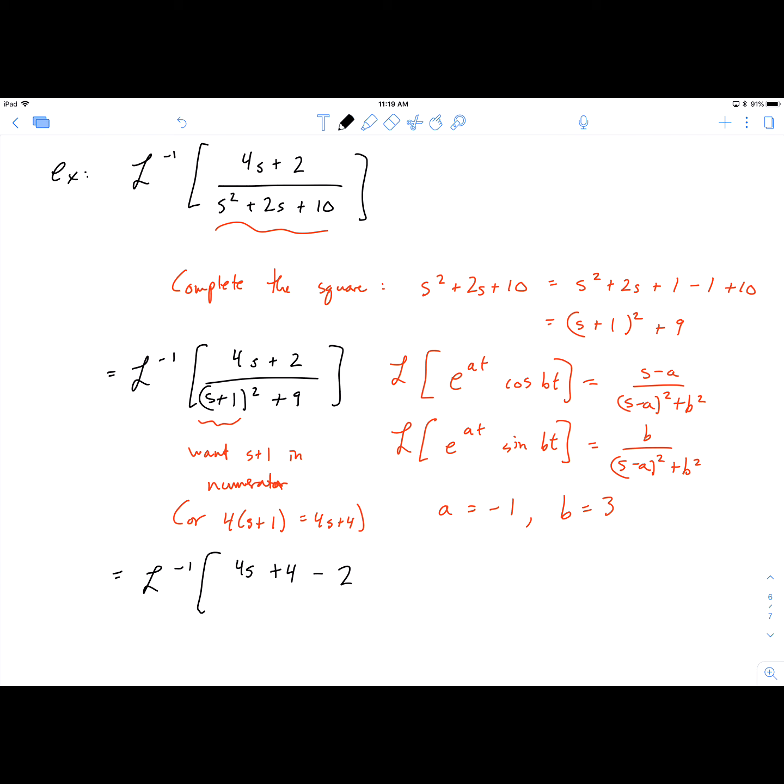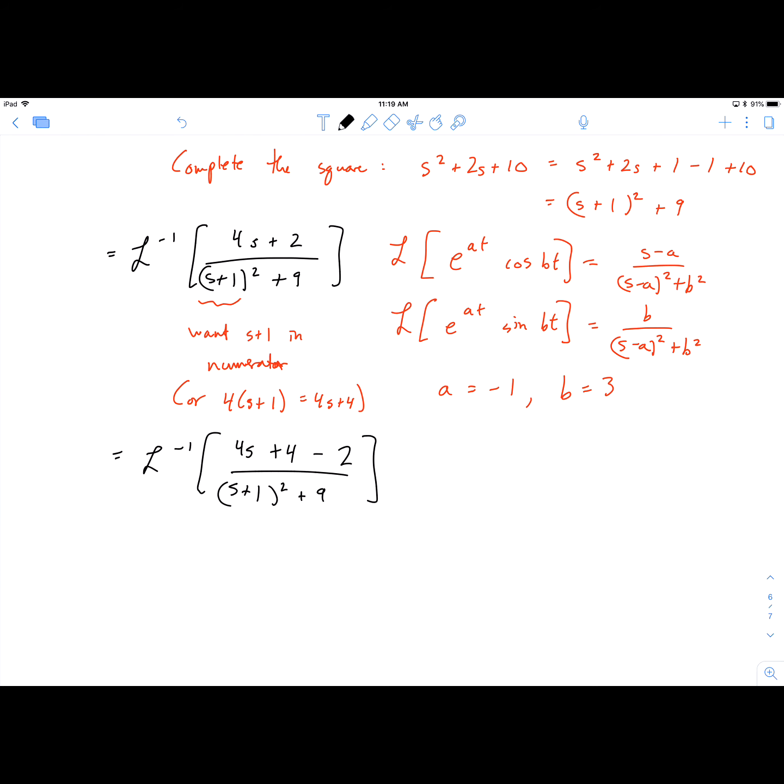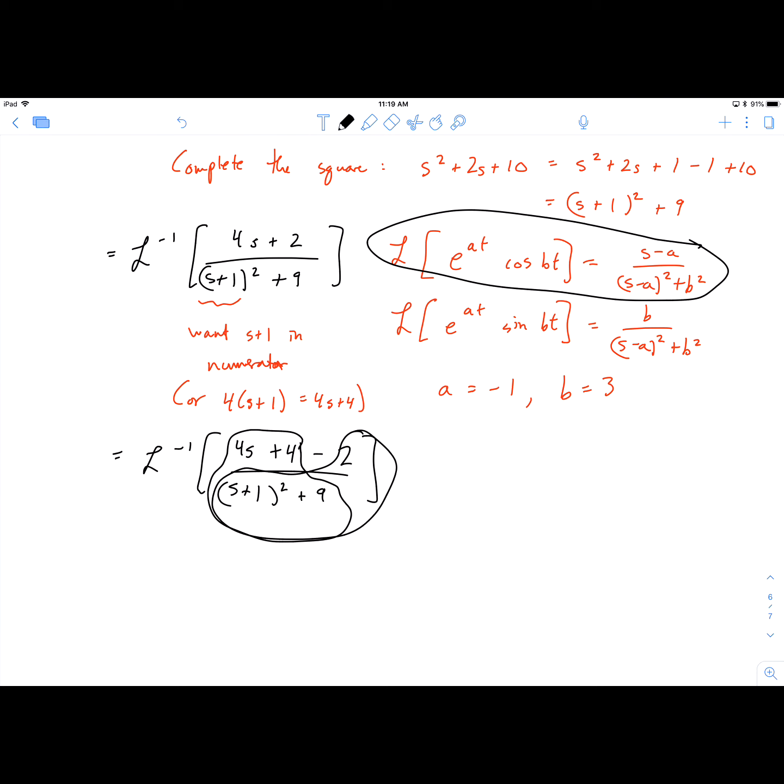But once we have that, then we can simplify further. At this point, we can split it up into two pieces. One of these, we're going to take the 4s plus 4 over the denominator, and that's going to give us the cosine piece. And then we can have the 2 over all of this, and that'll give us the sine piece.